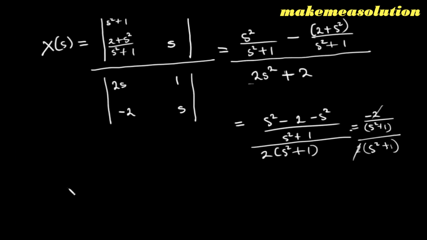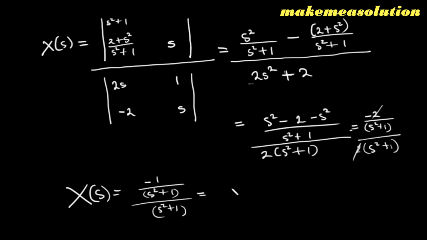What I am left with is x of s equals minus 1 all over s squared plus 1, divided by s squared plus 1, and this evaluates to minus 1 all over s squared plus 1 all squared. Okay, so this is equation 3.